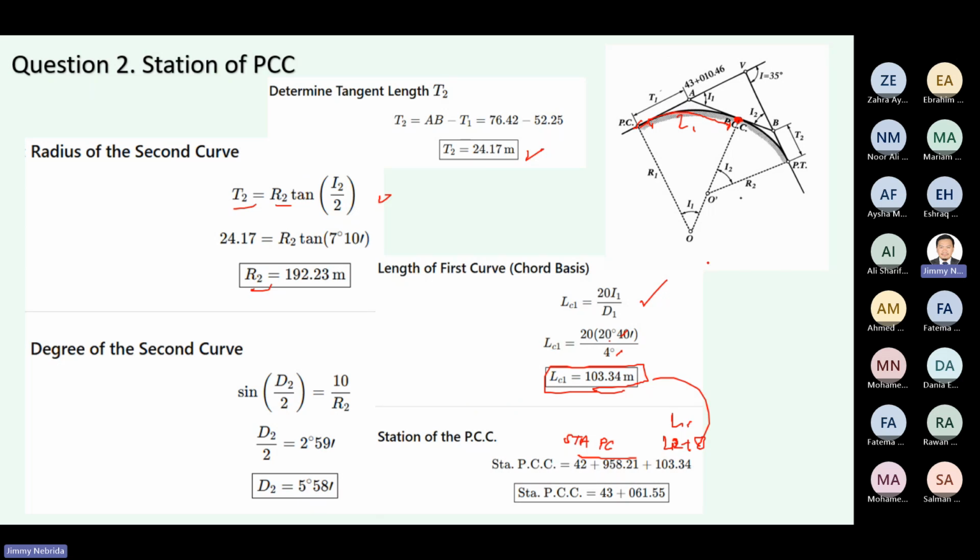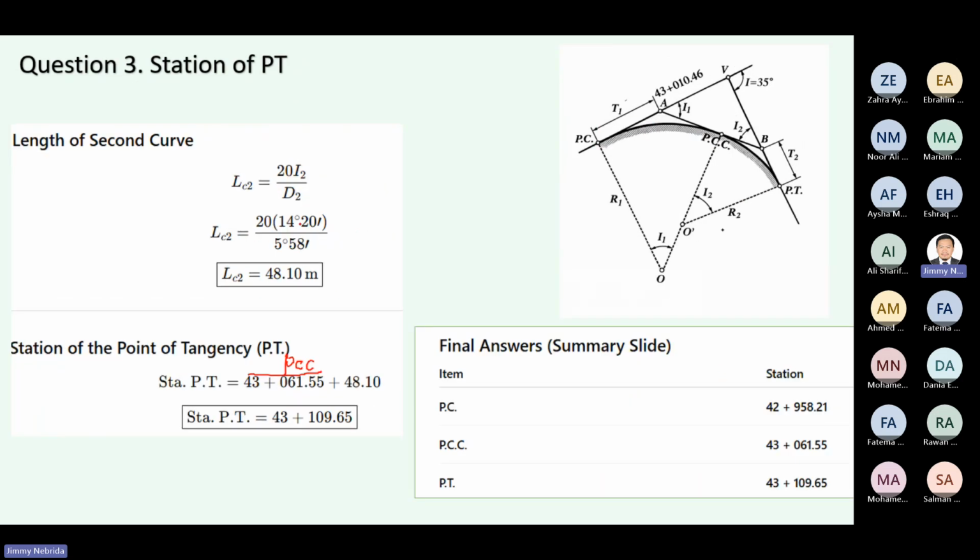Now, to calculate PT, it's just PCC plus the length of curve 2. Length of curve 2 is equal to 20 I2 over D2. I2 is given, D2 is given. You have length of curve 2 as 48.1.